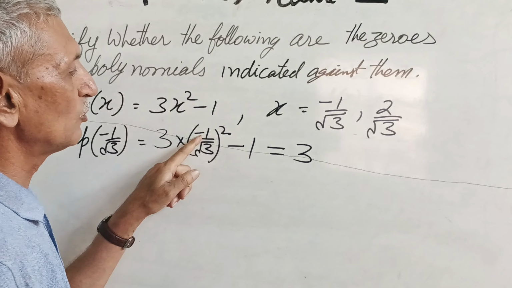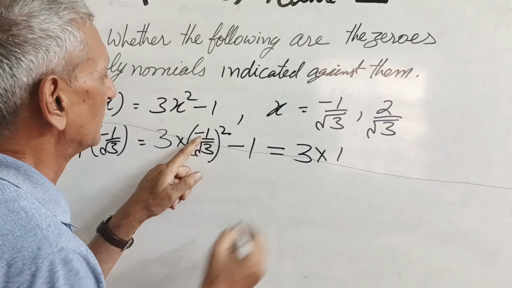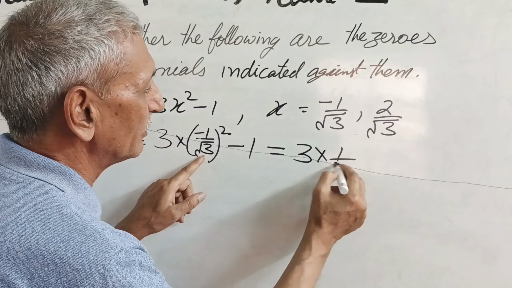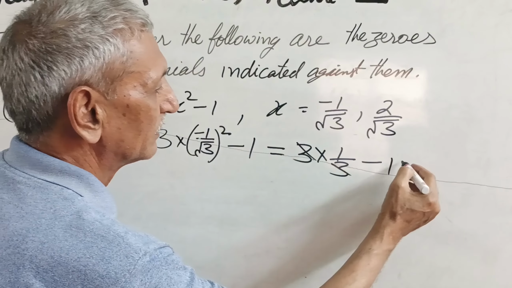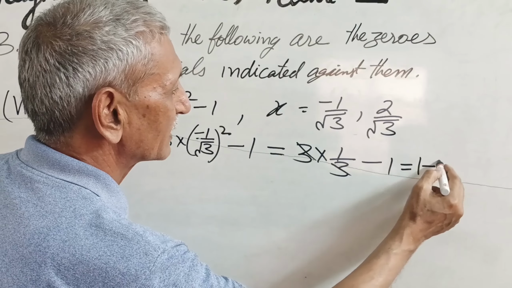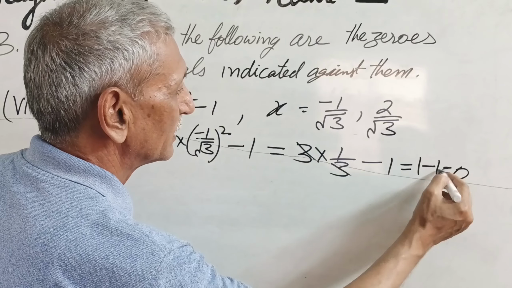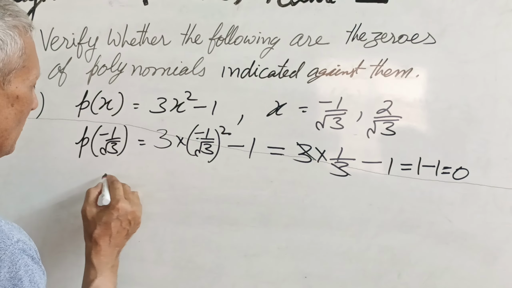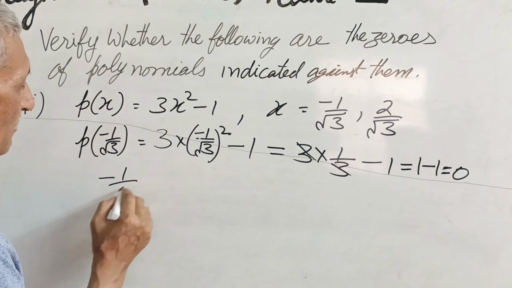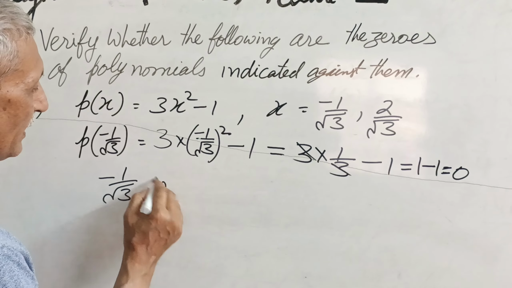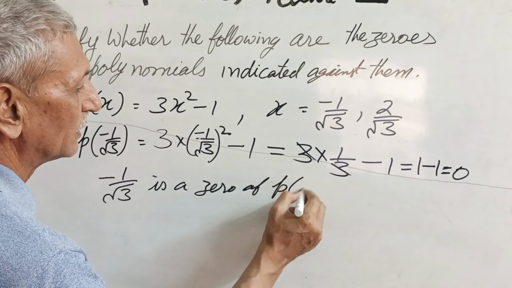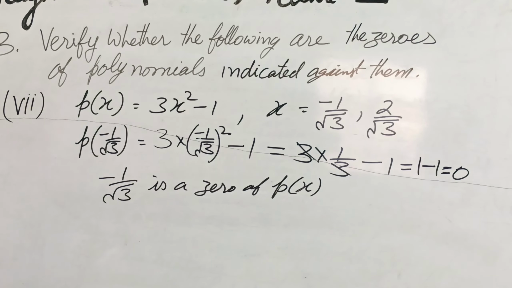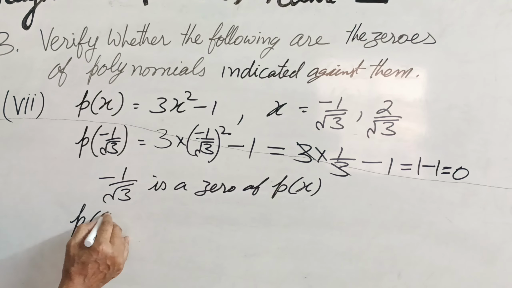See, minus 1 into minus 1 will give you 1, and root 3 into root 3 will give you 3, minus 1. This cancels this, that will give you 1 minus 1, that should give you 0. That means minus 1 upon root 3 is a 0 of the polynomial. Now let's consider the second one, that is 2 upon root 3.